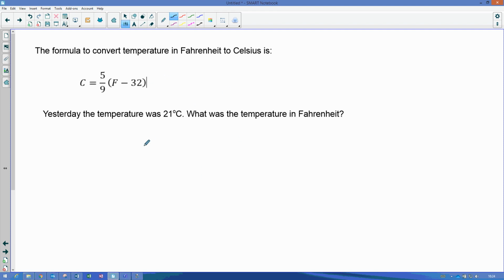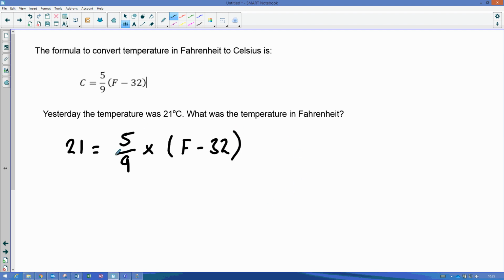So the first thing we're going to do again is write it out. 21, the Celsius, the C, is equal to 5/9. Now remember, where you've got a number right next to a bracket, you've got a missing times sign. So I'm going to write that in now. F minus 32.